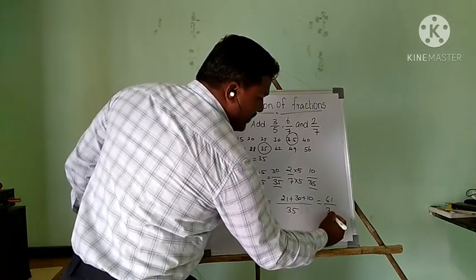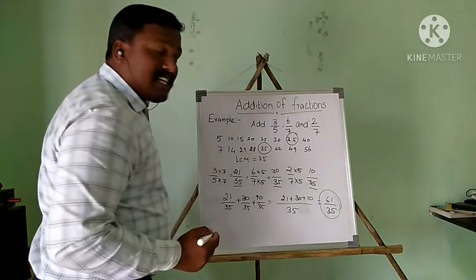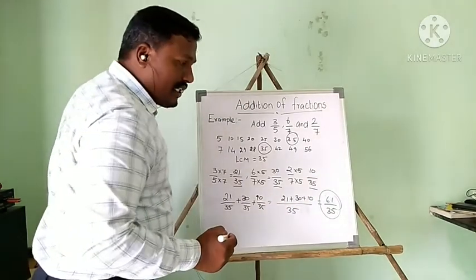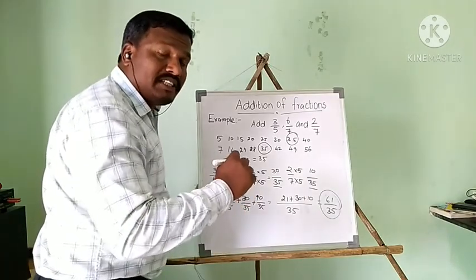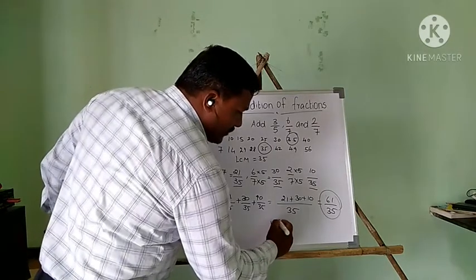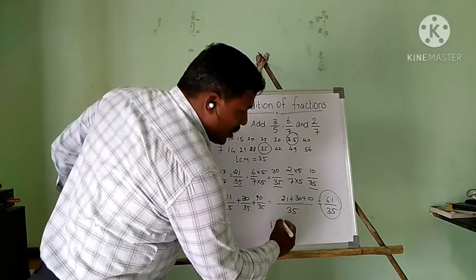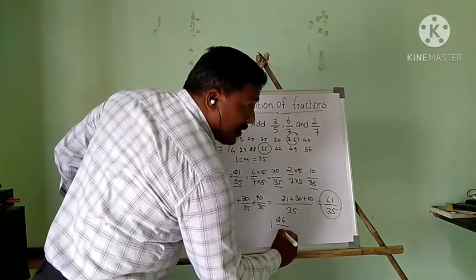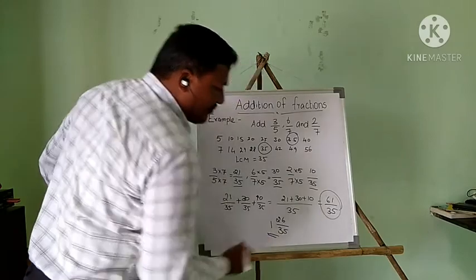61 divided by 35. If you notice this fraction, it's an improper fraction. 61 by 35 is improper fraction. Now improper fraction, we want to convert to mixed fraction. So 1 and 26 divided by 35. This is the answer.